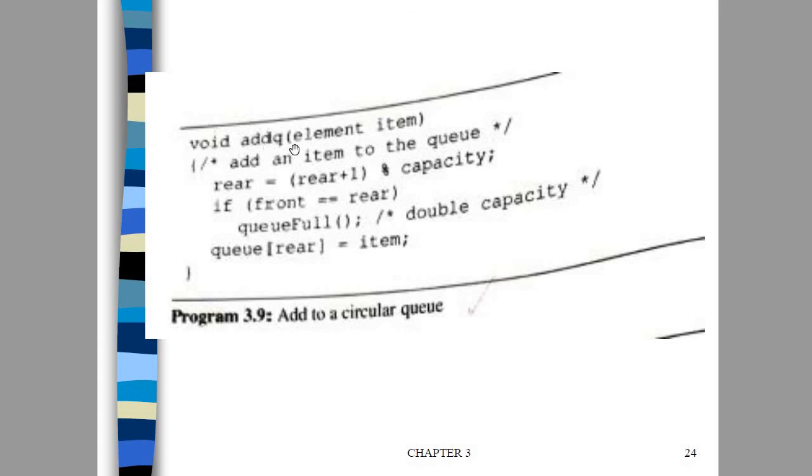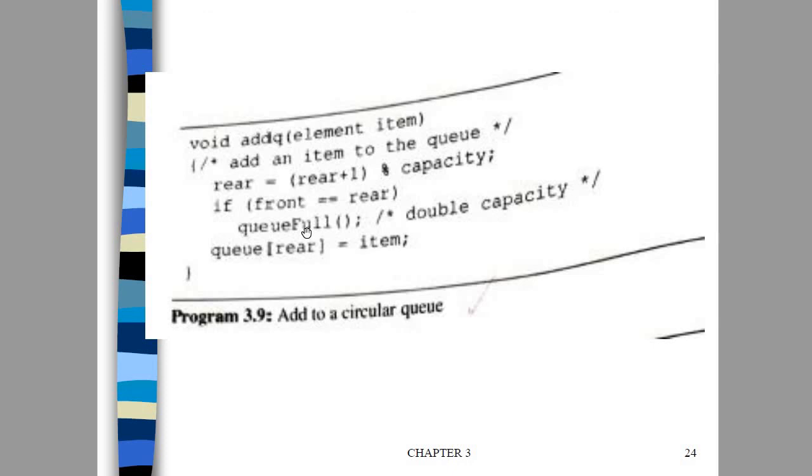For add queue we will pass the element, so rear equals rear plus 1 mod capacity. Then after updating the rear pointer value, if front and rear are both the same, then we will call the queue full function.